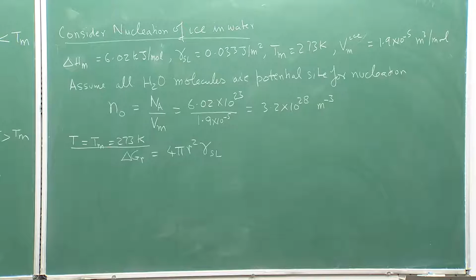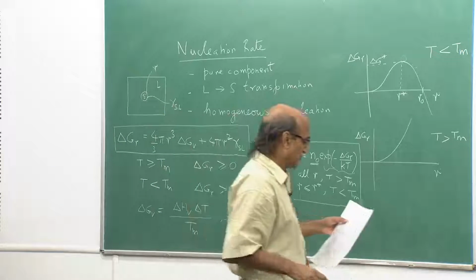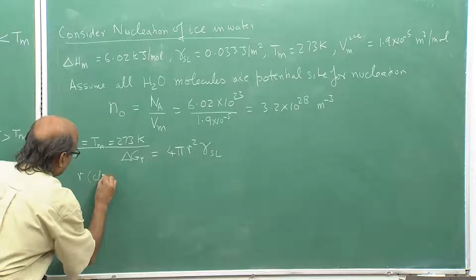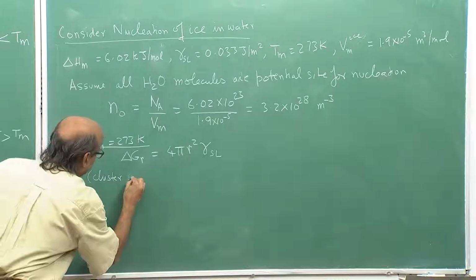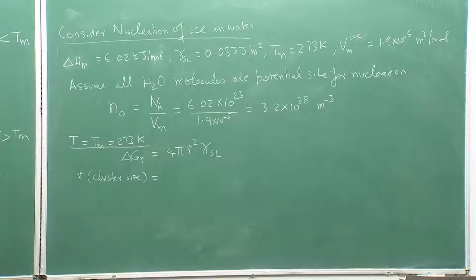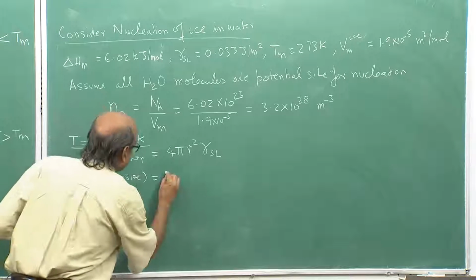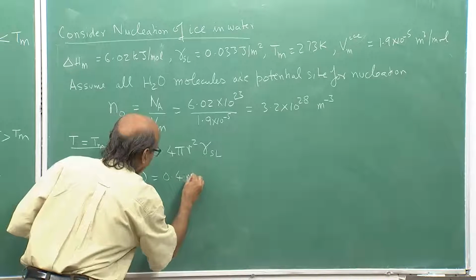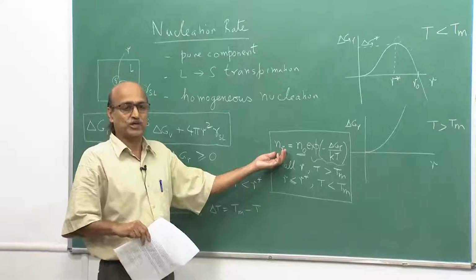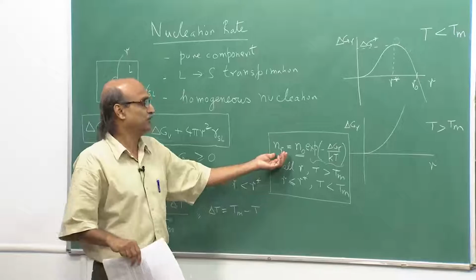Let us consider a nucleus or a cluster size of 0.4 nanometer. So, let us take R, the cluster size of molecules of H2O, to be 0.4 nanometers, and let us see what kind of estimate I will get for the expected number of nuclei to form at any instant in a unit volume.